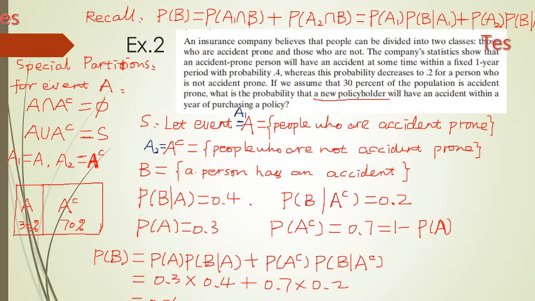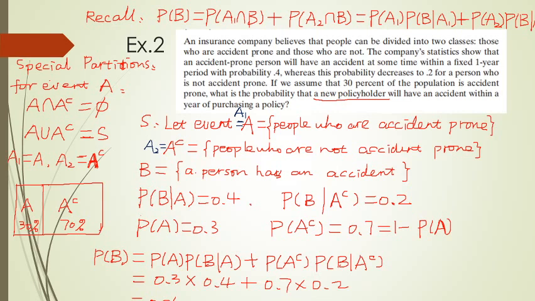Okay, let's continue. So try to understand the total probability theorem. We only deal with 2 or 3 or at most 4 partitions, but we state the total probability theorem for partitions A1, A2 until AN.